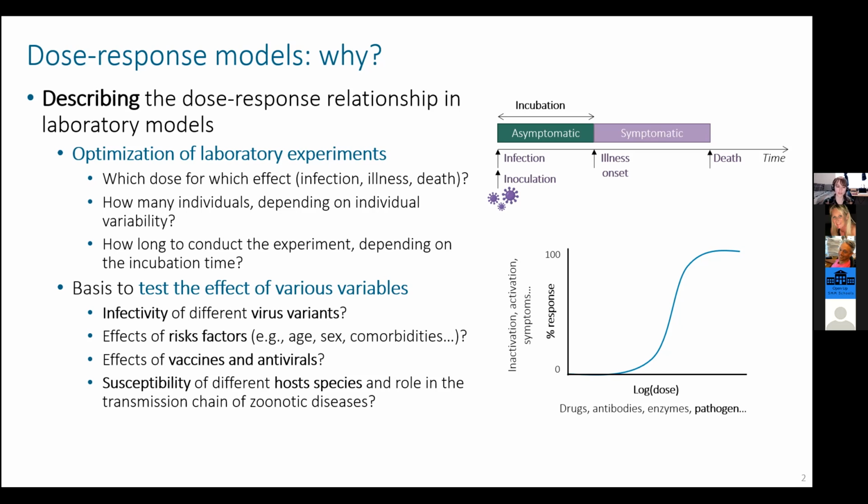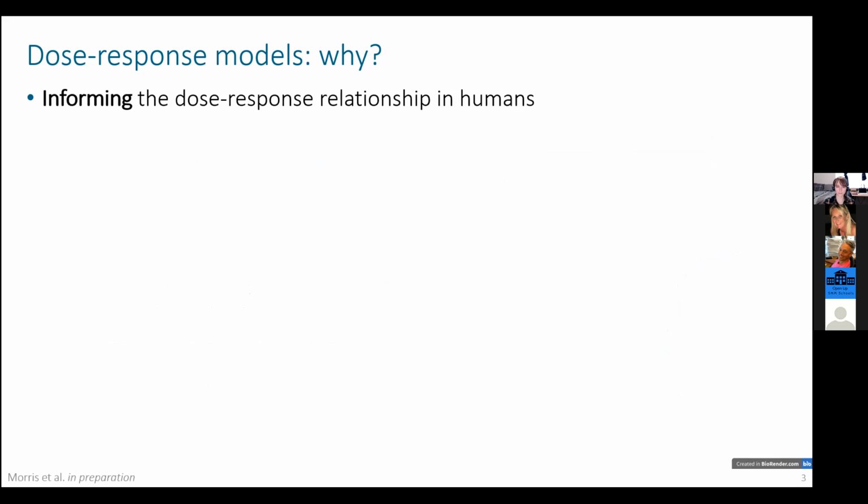You can test the effect of risk factors on host susceptibility, such as age, sex, or comorbidities. You can test the effect of vaccines and antivirals, and you can also compare the susceptibility of different host species. That can be really important when you're thinking about zoonotic diseases, where several species can be involved in the transmission chain of the pathogen.